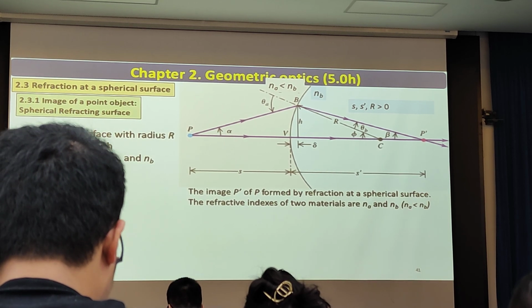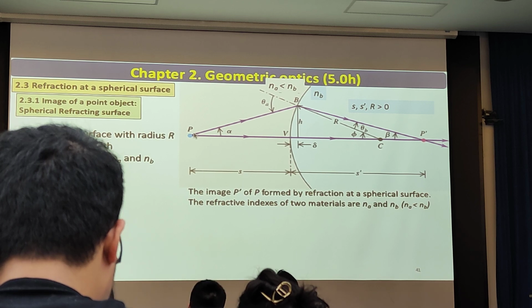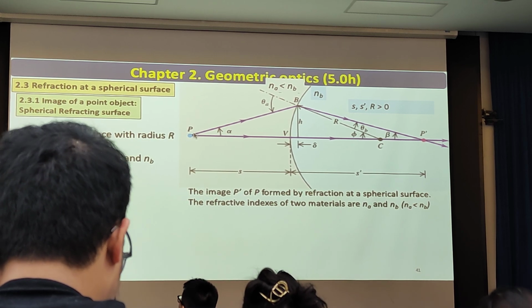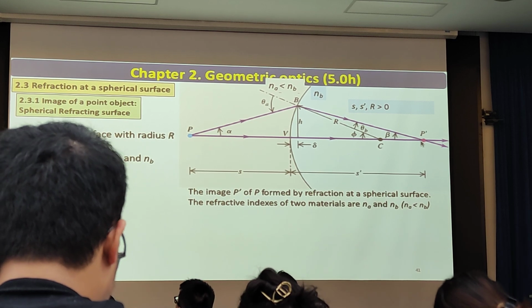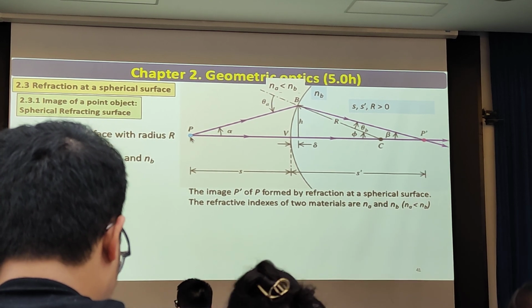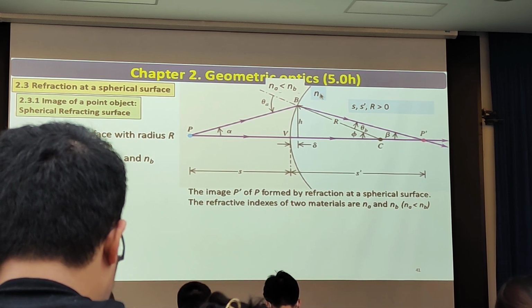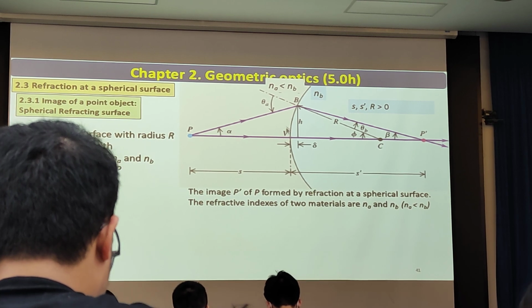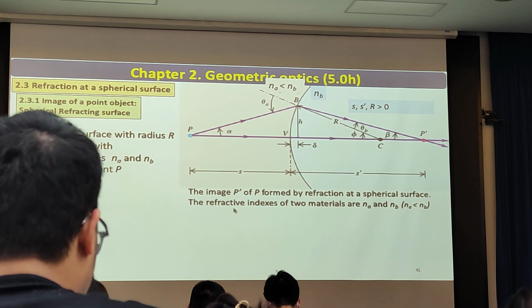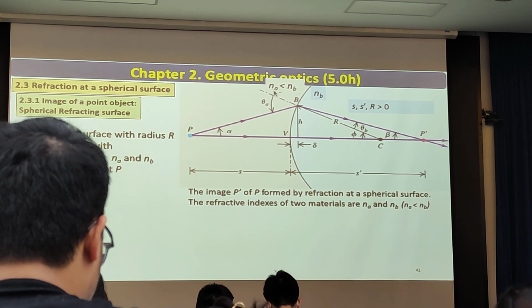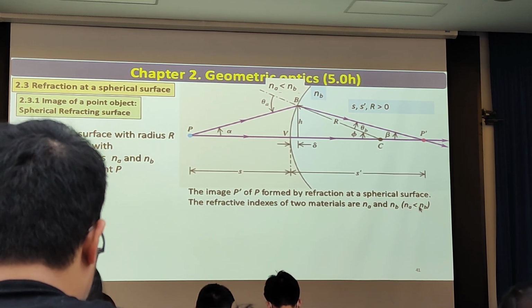P prime is the image of the point P, and I just described to you how we can find the image. So here we have the image P prime of the object P formed by refraction at this spherical surface. We consider the refractive indexes of two materials, NA and NB, with NA smaller than NB.